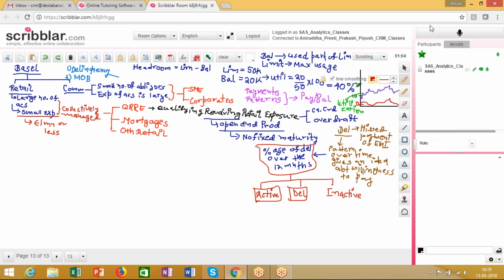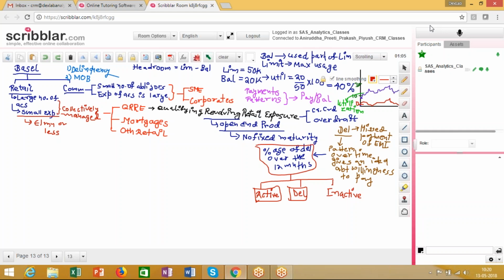For seasoned borrowers, developing a model on them is relatively more robust and more reliable than developing it on unseasoned borrowers. Because if a borrower is unseasoned, then you do not have a very clear picture about what this guy is going to be like.